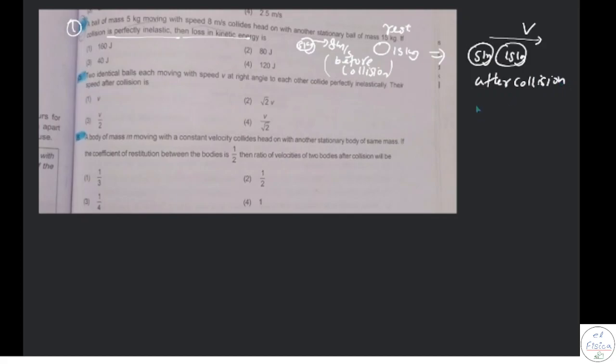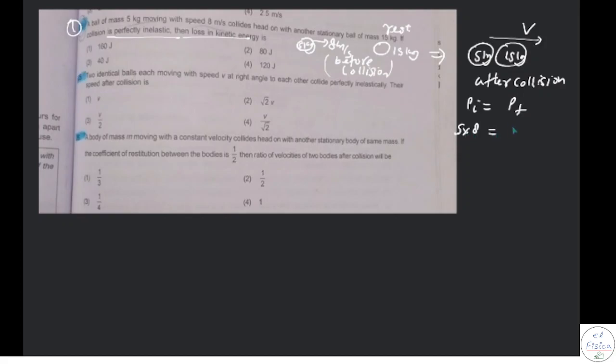So we can conserve momentum. It says that initial total momentum is equal to final total momentum. Initial momentum has only the 5 kg ball, so this is 5 into 8. The 15 kg block is at rest, so it has no momentum.